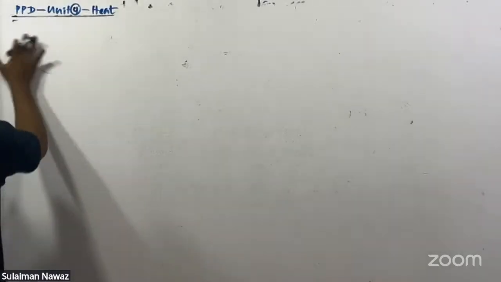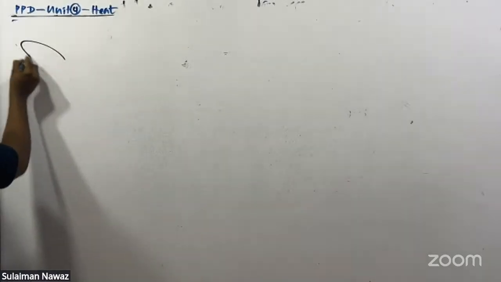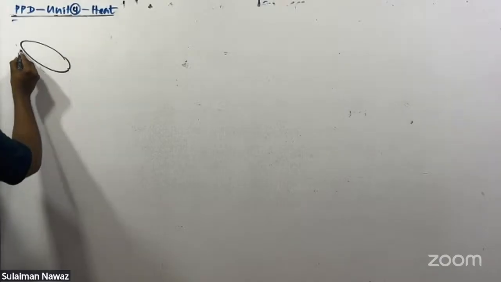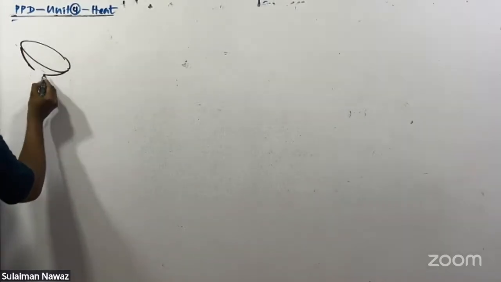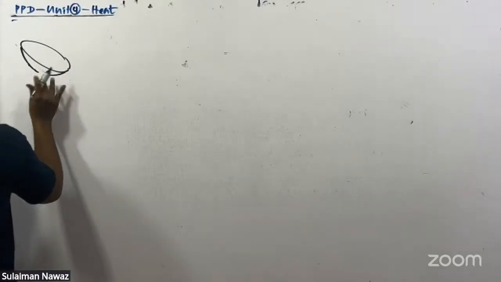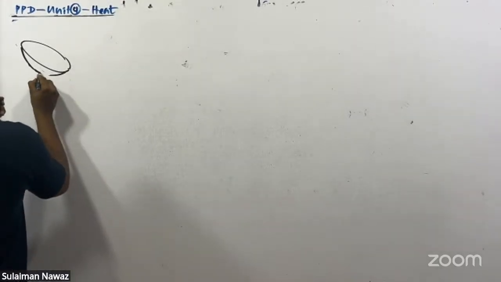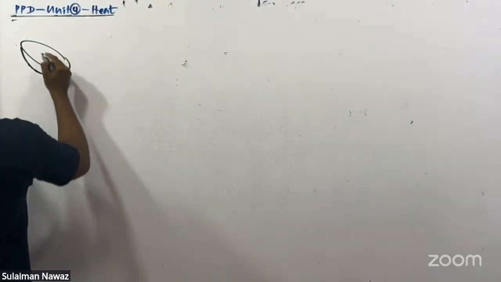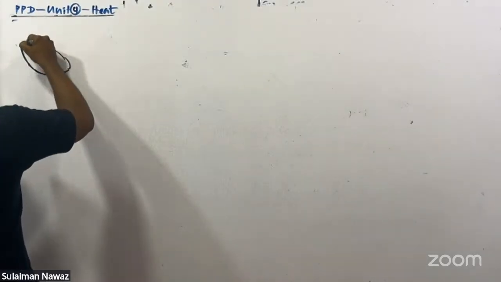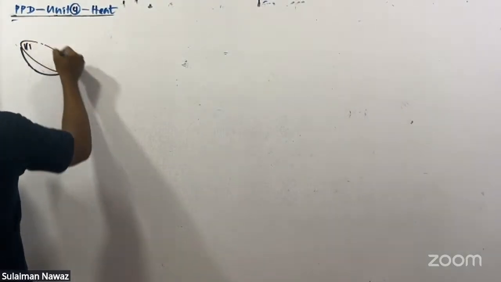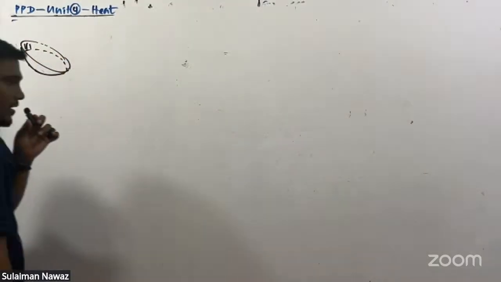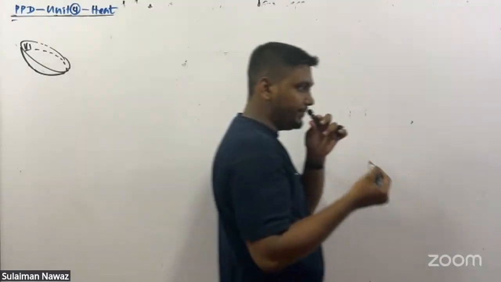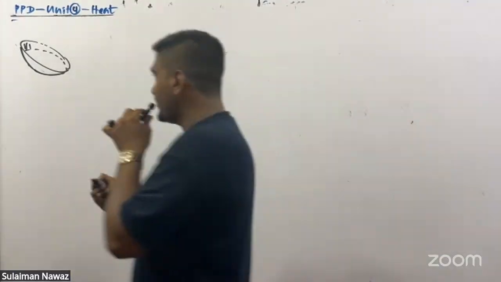If I draw for your understanding, now stay focused. This is some kind of shape. You might have seen some TV antennas also in this shape, right? I hope you understand what I am explaining, right?